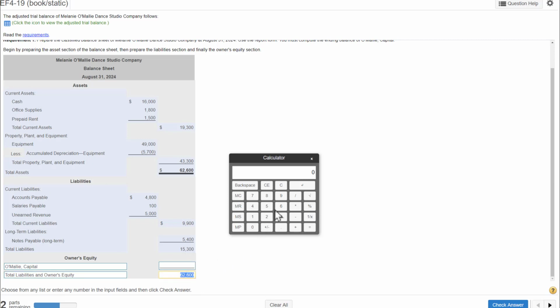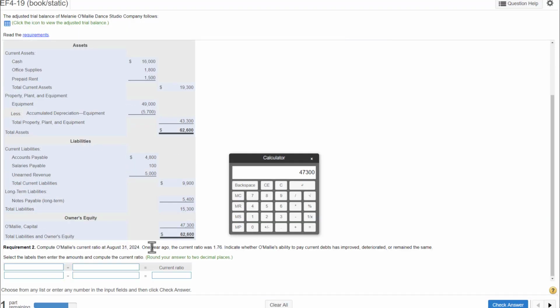So I'm going to take 62,600, which is the same as total assets, minus the 15,300 total liabilities, gives me a total capital of $47,300. So just double check, does this plus this equal the same amount as your total assets? And it does.